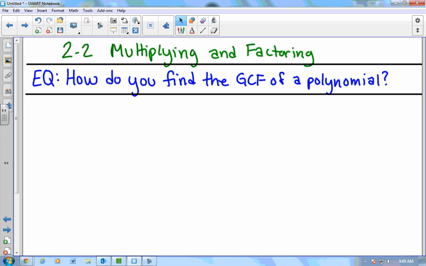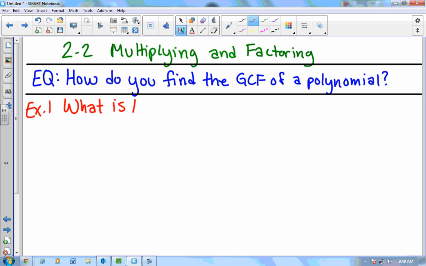So, example 1, the directions are, what is a simpler form of the following? What is a simpler form of 5n times the quantity 3n cubed minus n squared plus 8?